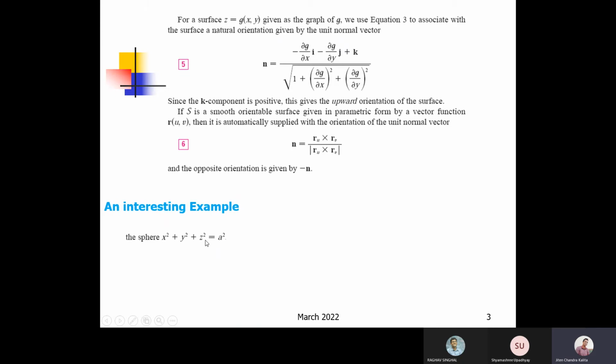That is obvious, because if you join any point on the surface of the sphere to the origin, that vector is going to constitute a normal to the sphere. So that is why. This is an interesting example.